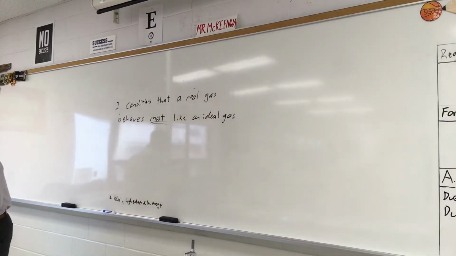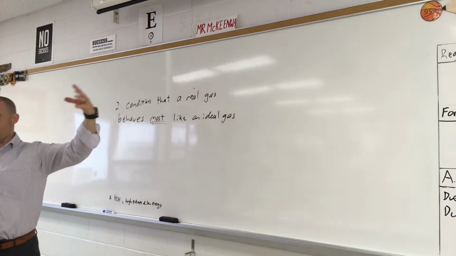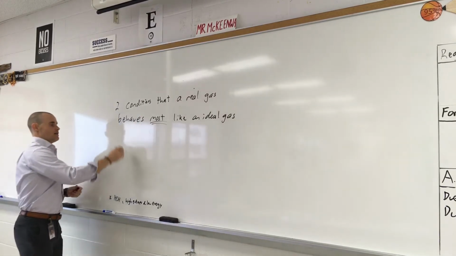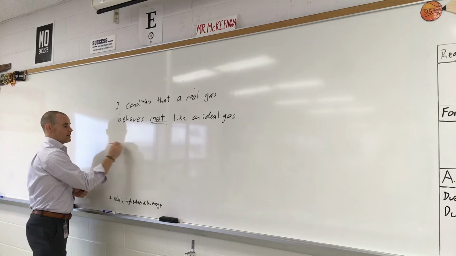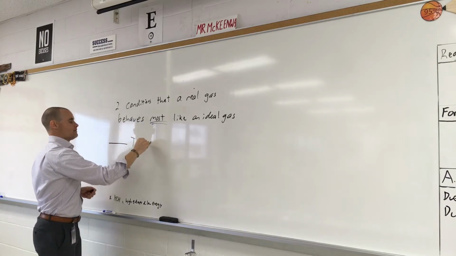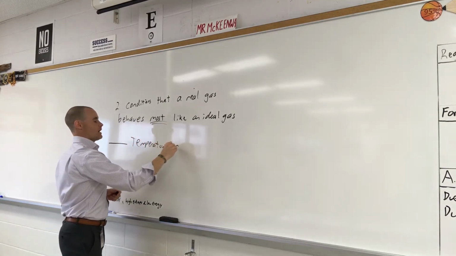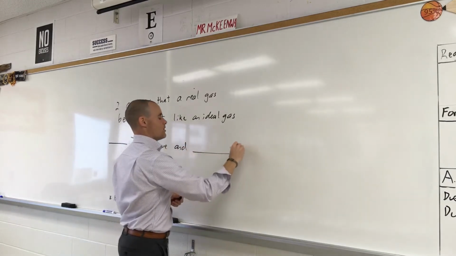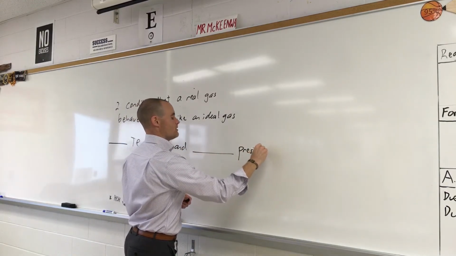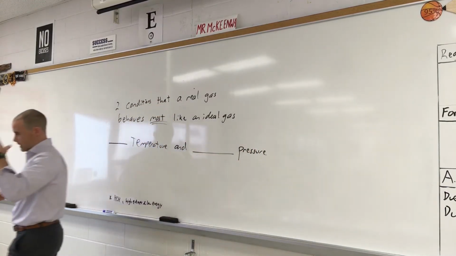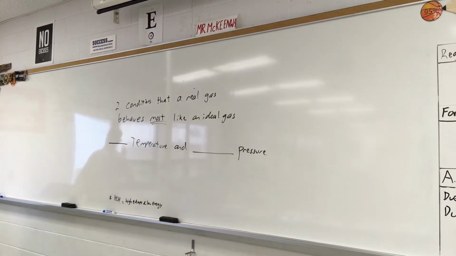So what do we want it to do? We want to expand it. So I'm going to leave a blank here. Blank temperature, write that down, and blank pressure. Now before you answer out loud, think in your head.